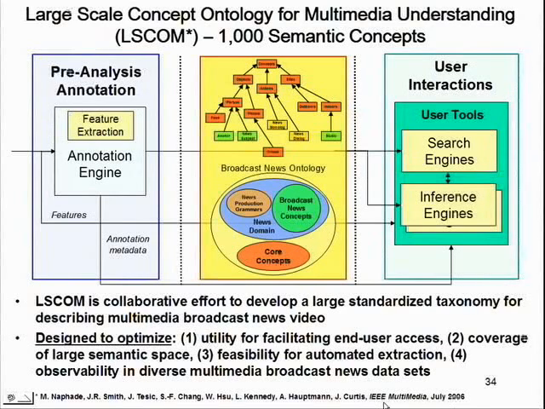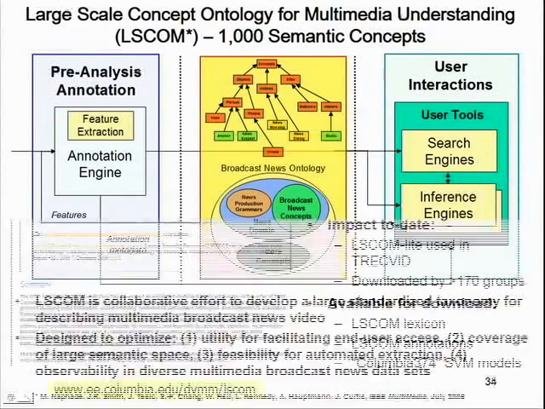There's actually a good paper on this in IEEE Multimedia last summer, but it brought together scientists, end users, and library science type people from news organizations, and through a series of workshops, they designed an ontology of 1,000 concepts that achieve a balance of being useful to support search of broadcast news video, but also technically feasible, that you could actually think that within a 5-year period, a computer could reasonably detect those kinds of things.